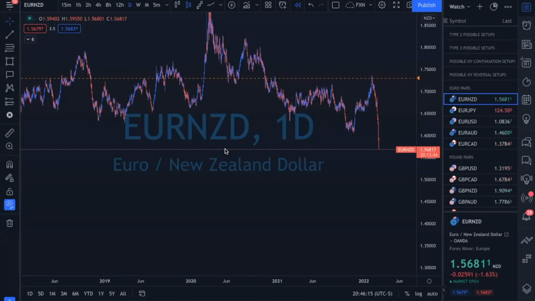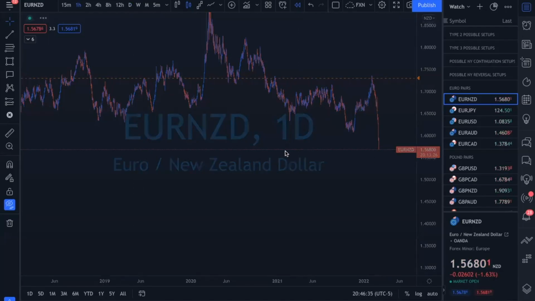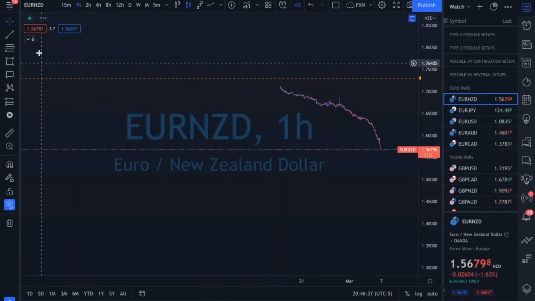Well, I think you have to look at it specifically. You're talking about weekly cycles, so you have to look at Monday and Tuesday, because Monday and Tuesday give you a big indication of what could happen the rest of the week. Let me break this down to a 1 hour chart real quick.